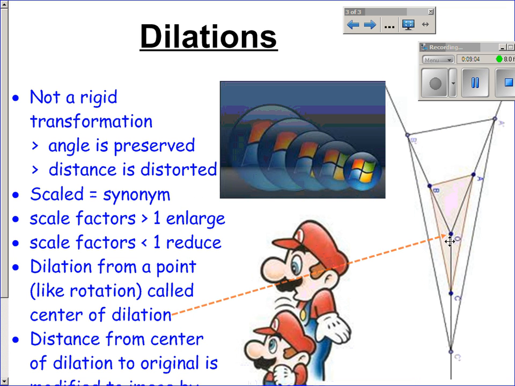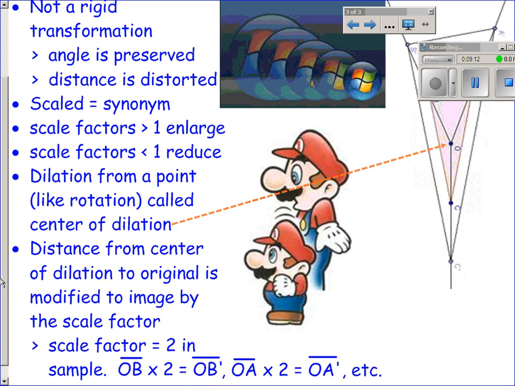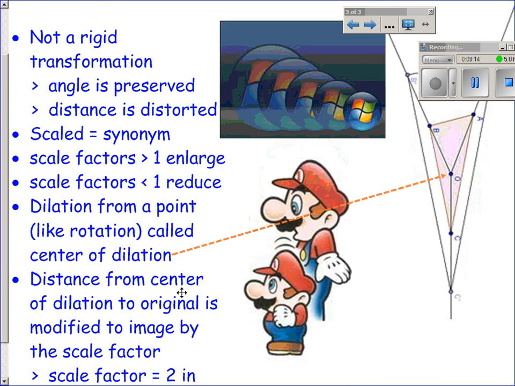And in this picture, the center of dilation is point O. And so we've figured that out. The center of dilation there determines a distance to each point. And so OB is a distance, OA is a distance, and OC is a distance.